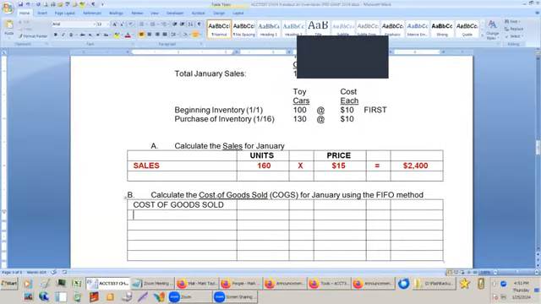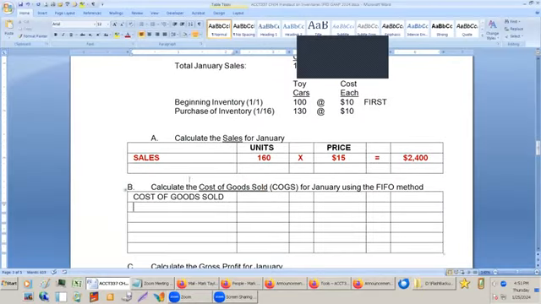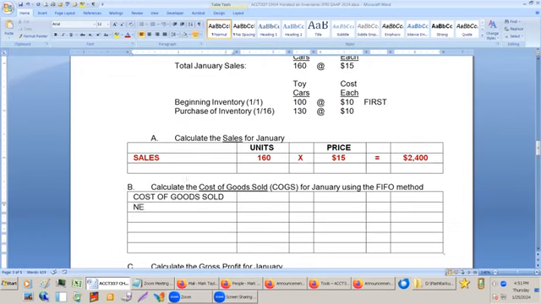So I've got to find the cost of goods sold. We need the cost for 160 units. First in, first out, where do we go first?